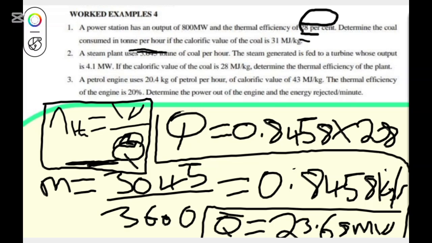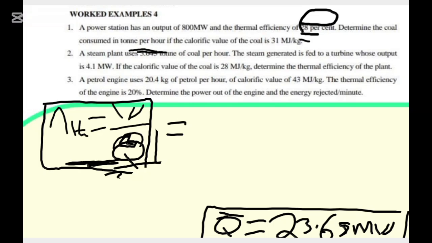So you have to take note that this 3045, you have to first convert to kg per second by dividing by 3600, and therefore find the value of Q, which is the value you converted multiplied by 28, the calorific value, and then substitute. So for now I have to substitute.